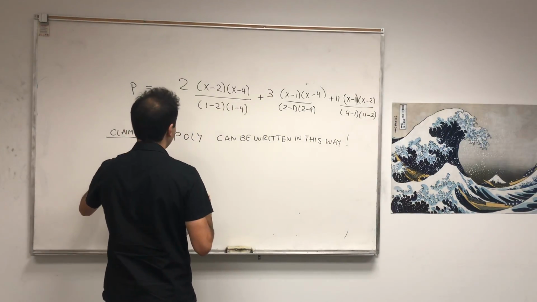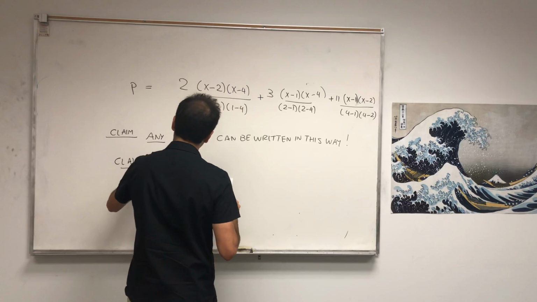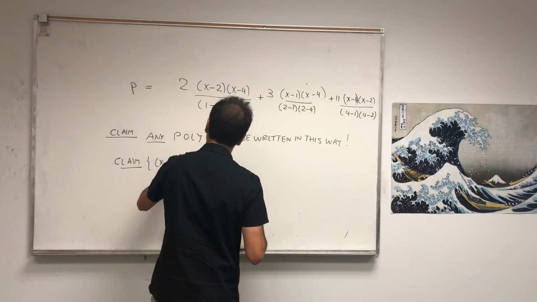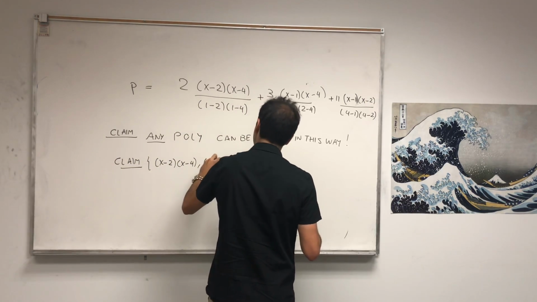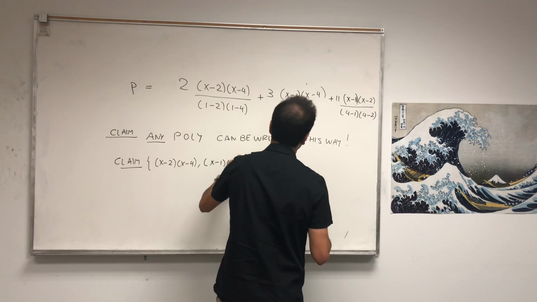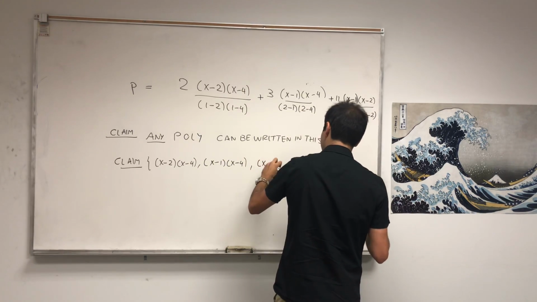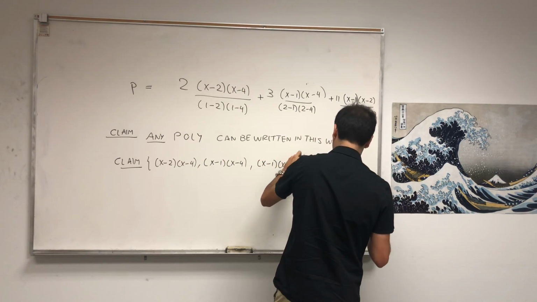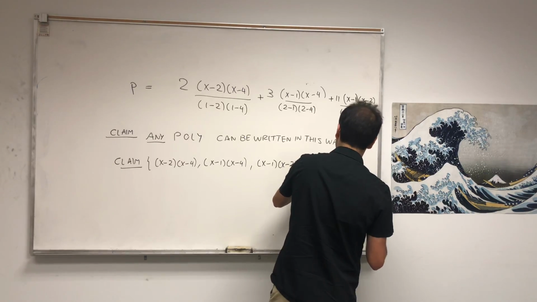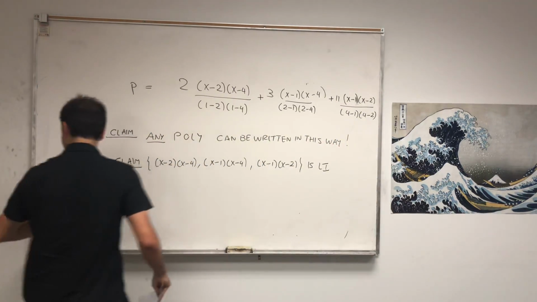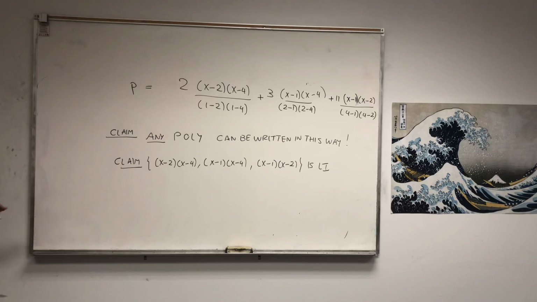So claim: (x minus 2)(x minus 4), (x minus 1)(x minus 4), (x minus 1)(x minus 2) is linearly independent. And the proof is awesome sauce.